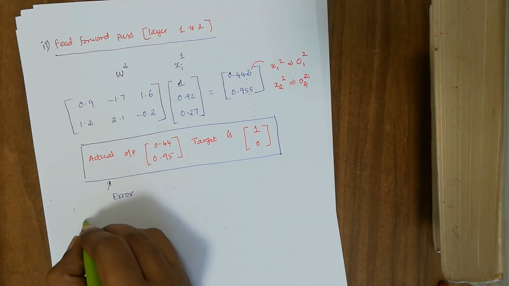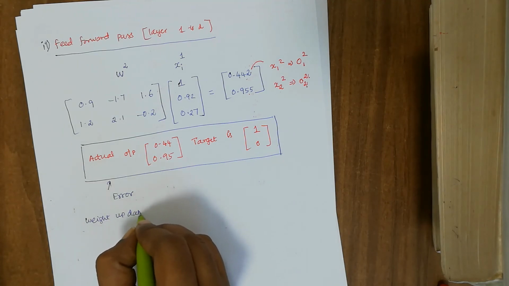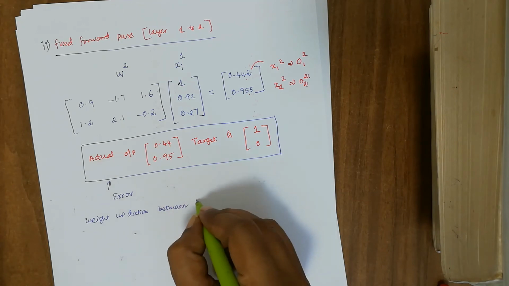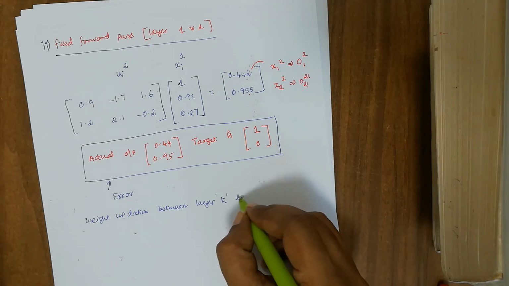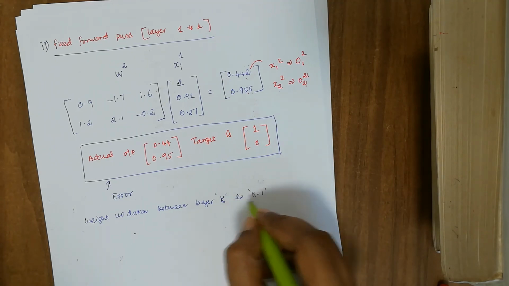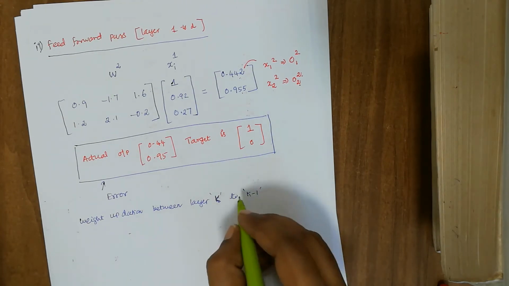So in order to update the weight, or the derivative values, okay, or weight updation between layer K, where K is the last layer, K to K minus 1, or we can call it the output layer to the previous layer, capital K to K minus 1.